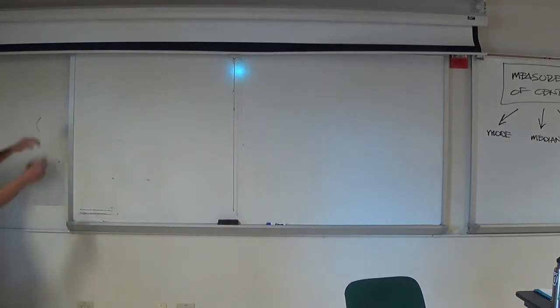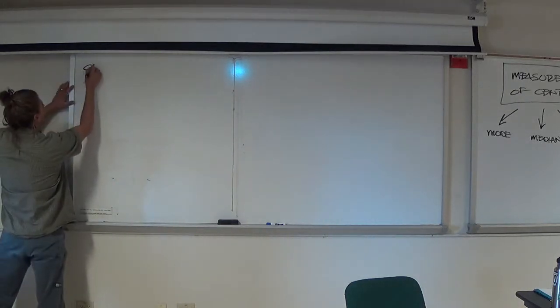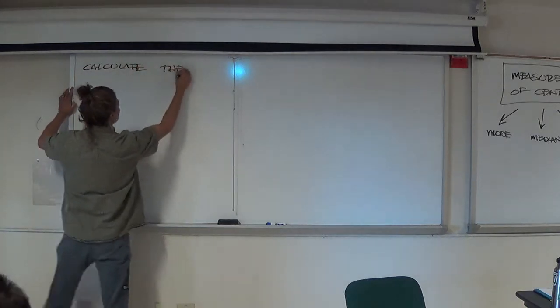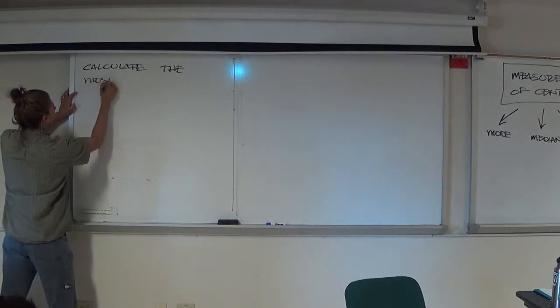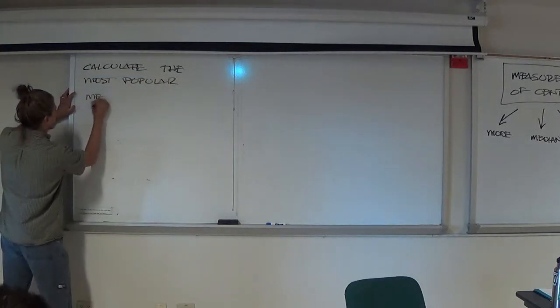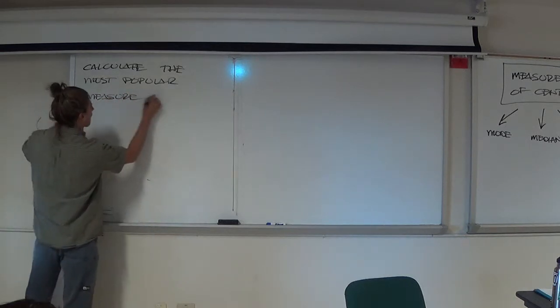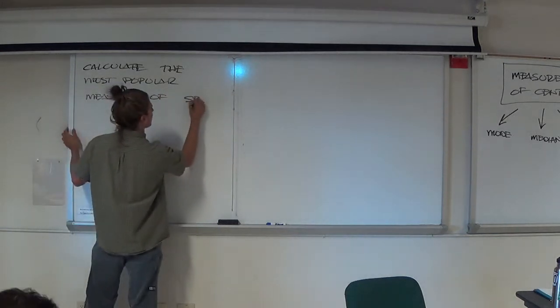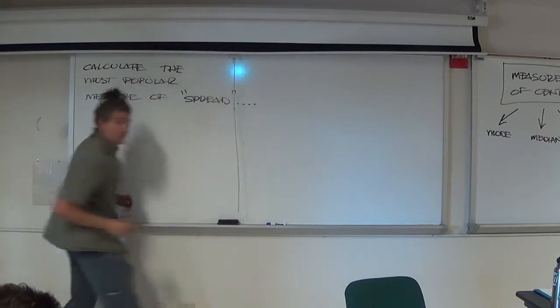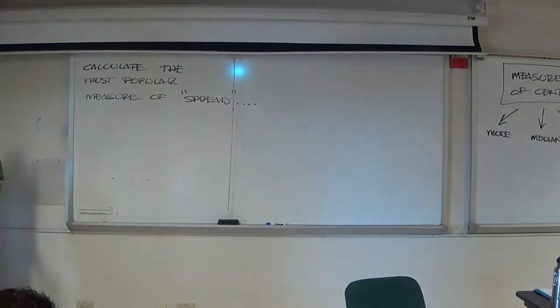So let's figure out how to calculate the most popular measure of spread. This is a T-table approach, or actually it's more like a super M table approach, but we'll get to that in a second.